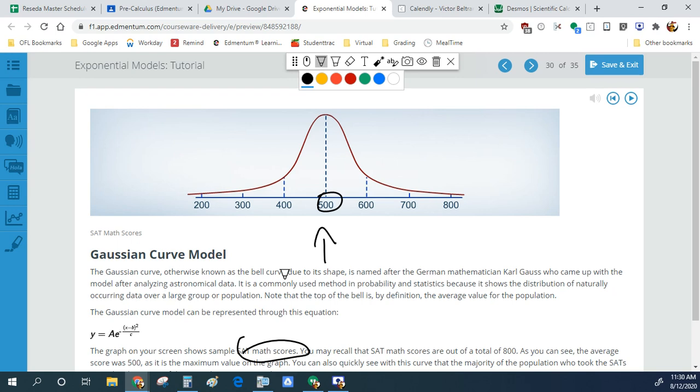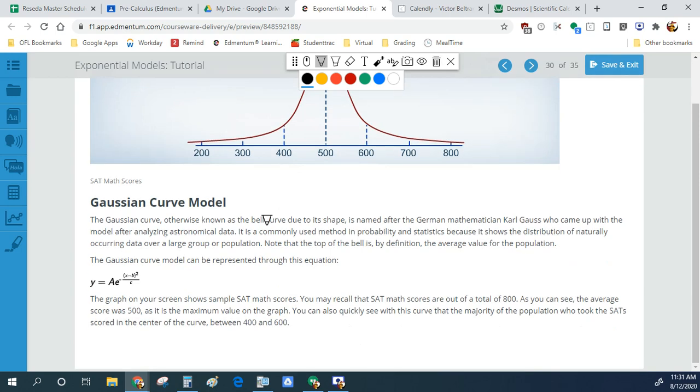But also, fewer and fewer people would get a perfect score, because in the SATs, the perfect score is 800. So being close to 800 is just as likely as being close to 200. The majority of the population is going to be right here in the middle, and everything else is on the sides.